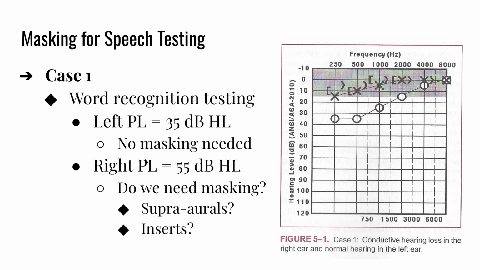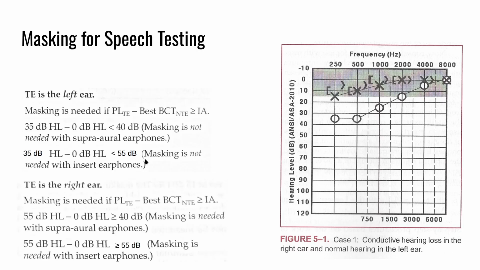Well, barely, just barely. 55 minus 0 is 55, and that equals the minimum intraoral attenuation for inserts. So just barely in that right ear do we need a mask for word recognition. And this formula bears it out, that exact same thing that I mentioned a moment ago.